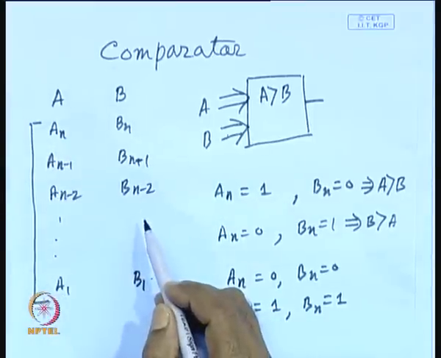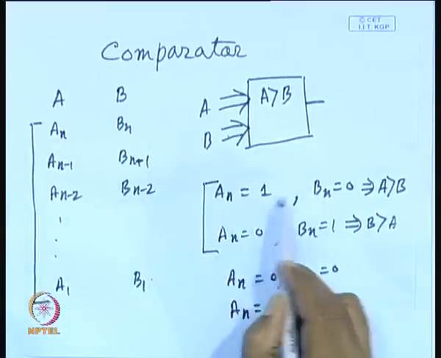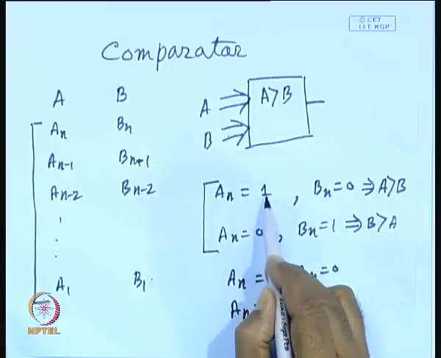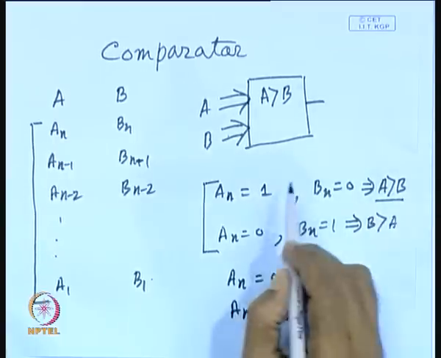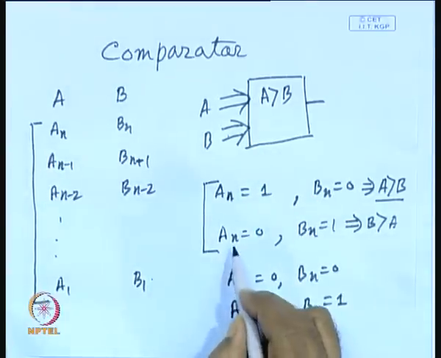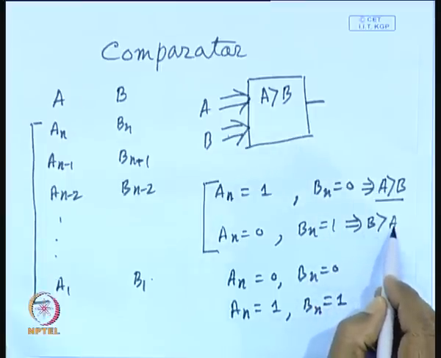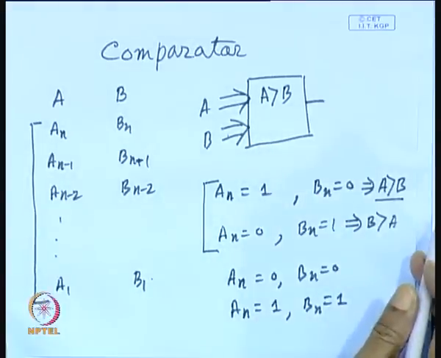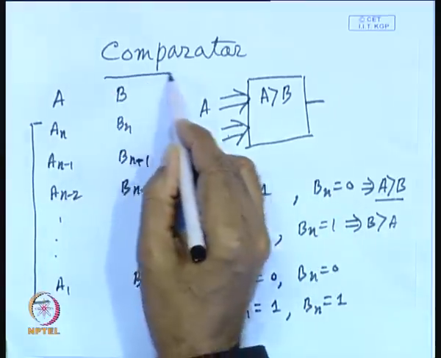So, you can do pre-computation with the values of a n and b n, and whenever a n is equal to 1 and b n is equal to 0, you know that a is greater than b, so you need not apply the remaining bits to the comparator. Similarly, when a n is equal to 0 and b n is equal to 1, then also you know that b is greater than a. So, you need not really apply the remaining bits to this comparator, and you can save power consumption. So, this is the basic idea of pre-computation illustrated with the help of this comparator.